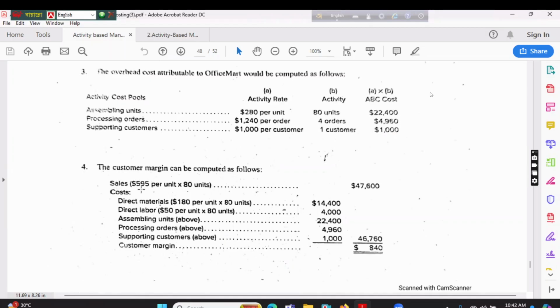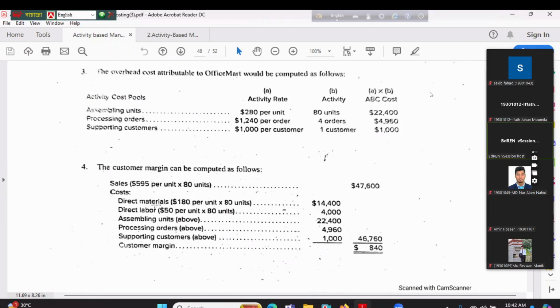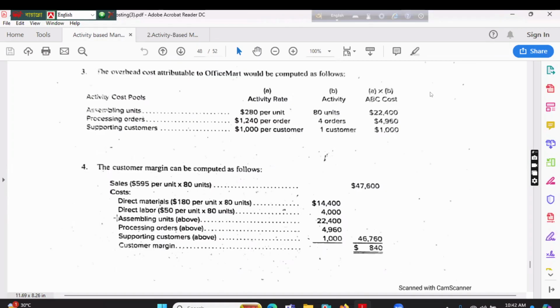So the customer margin: sales, that means revenue from a customer, 595 times 80, 47,600. Cost: direct materials, direct labor, and overheads. If we total here, we do not need to show them separately.